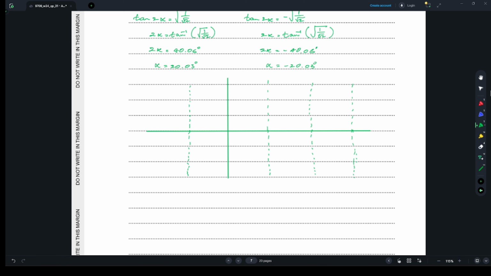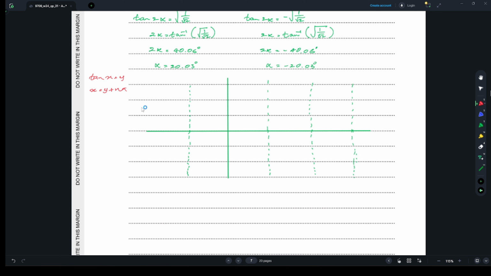Okay, it is just a secret, but don't use this one. So if you have a question like tan x equals y, then you can write your general answer as x equals y plus n pi.